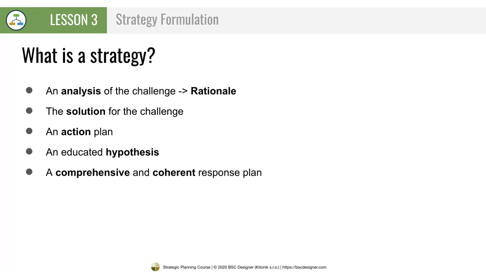A good strategy is based on deep analysis of the current situation and suggests a comprehensive and coherent response plan. A plan that takes into account different points of view and suggests solutions that support each other.